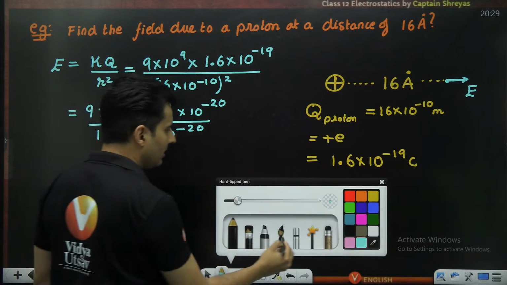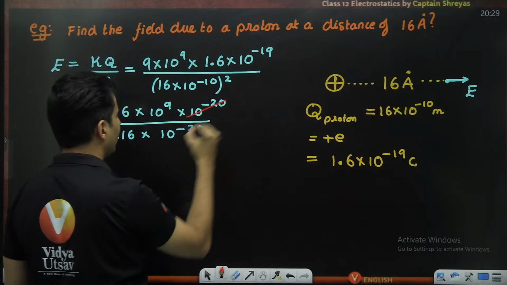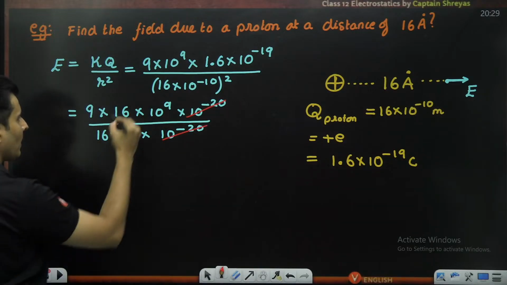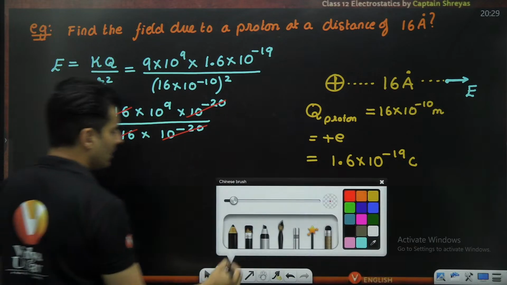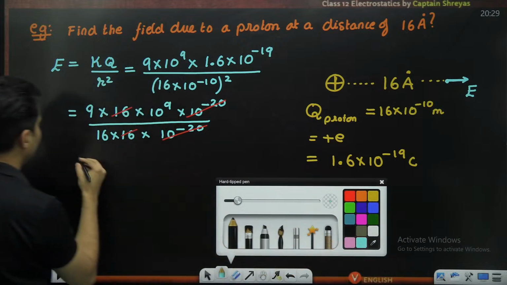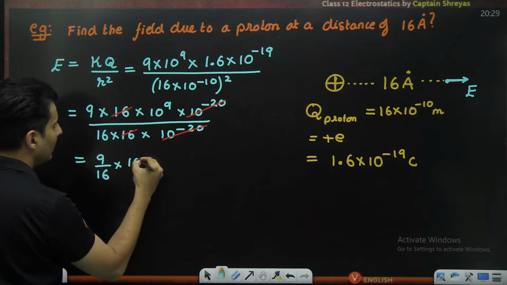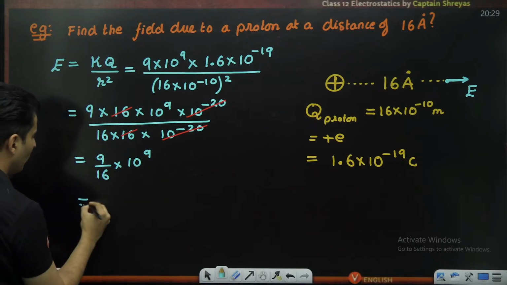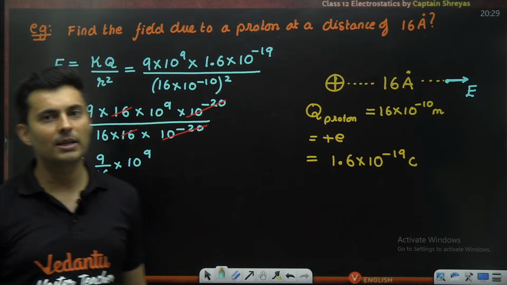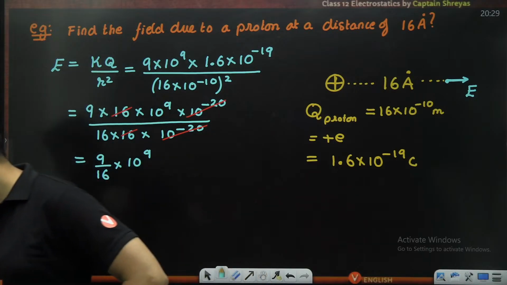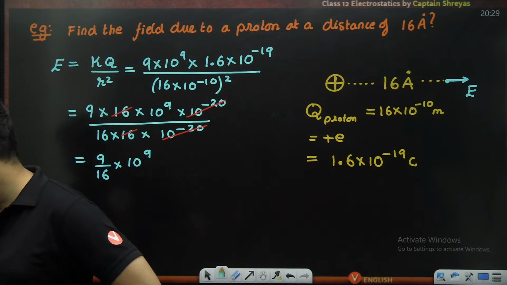Certain things definitely look like they are cancelling, like this 16 and this 16. So I am just left with 9 by 16 into 10 to the power 9. But what is 9 by 16? You can just do the calculation, guys. Come on, how much is it? Already somebody has given the decimal value.